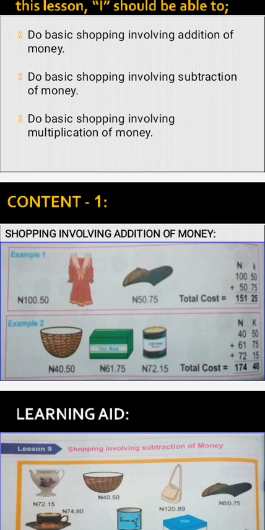They can decide to tell you a price that is more than what you are buying. So if you know your addition very well, nobody will be able to extort money from you. So 100 naira 50 kobo plus 50 naira 75 kobo.